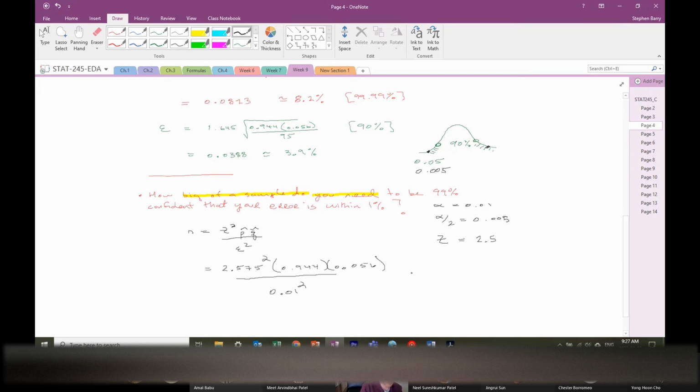So this is going to be a large number. Right? 2.575 squared times 0.944 times 0.056 divided by 0.01 squared.